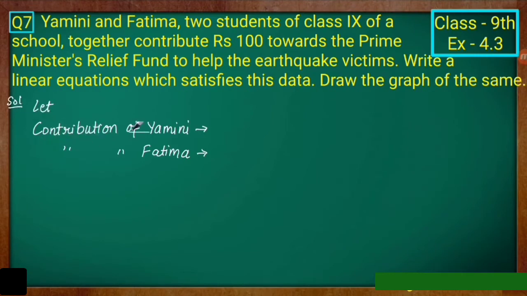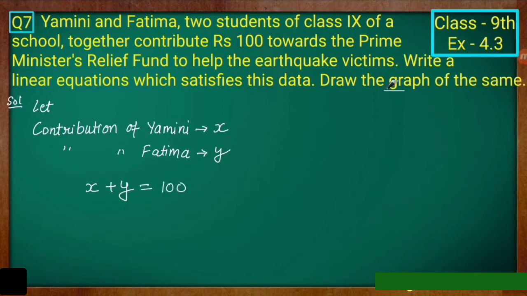So let the contribution of Yamini be rupees x, Fatima y, x plus y equal to 100.